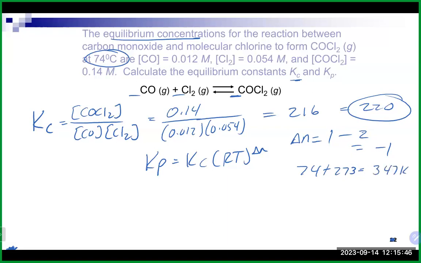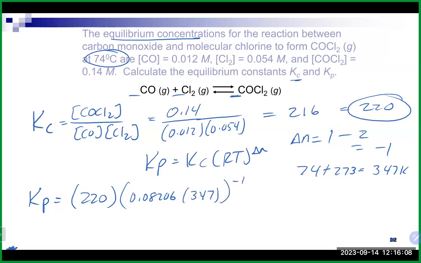All right, now we have everything we need. So Kp is equal to our Kc. I'll use the 220 since I circled it, times my R, which is 0.08206, and once again, you can use 0.0821 if you like, times our 347, and we're going to do it to the -1.